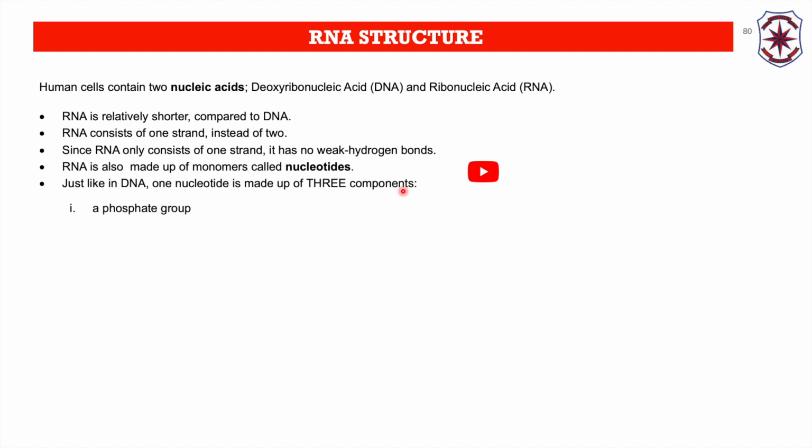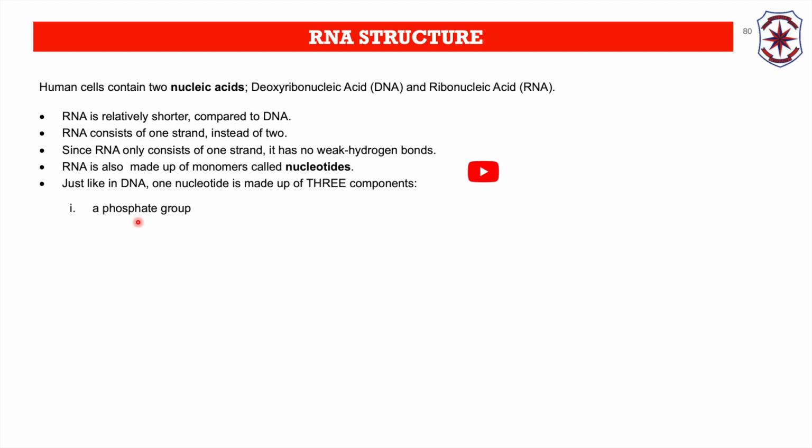Now, I'm going to caution you again, like I did when we were discussing the DNA nucleotide. Please do not say phosphate. Please refer to this as a phosphate group. So the first component is a phosphate group, not just phosphate.